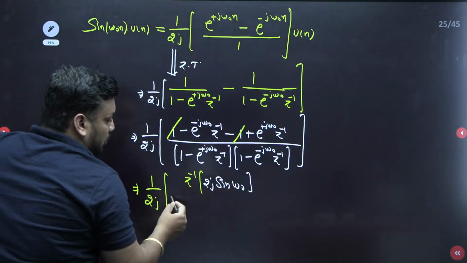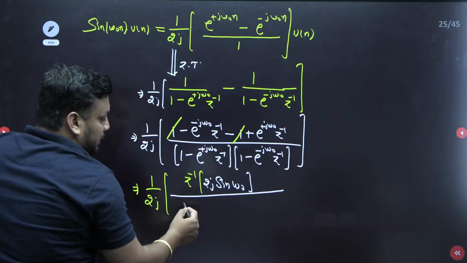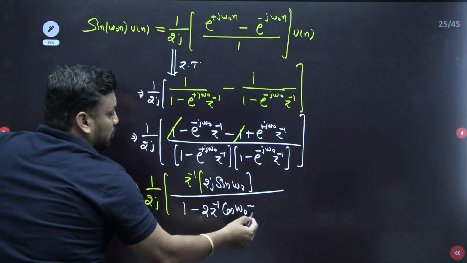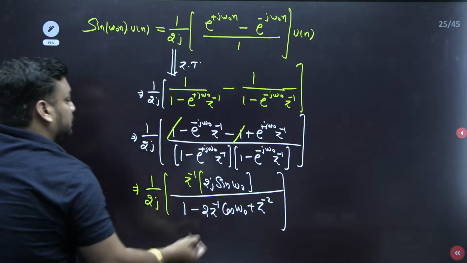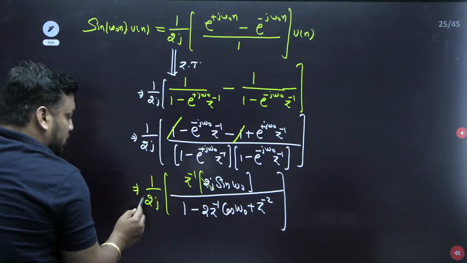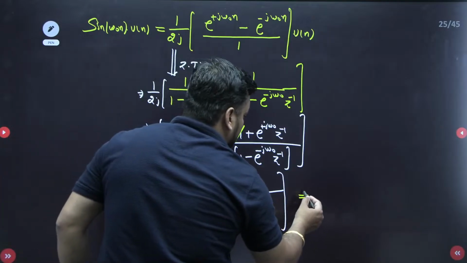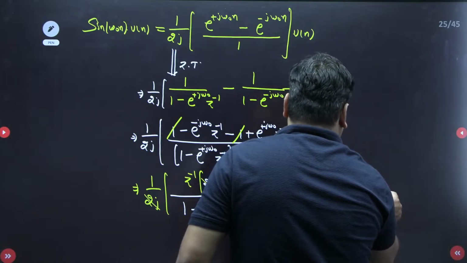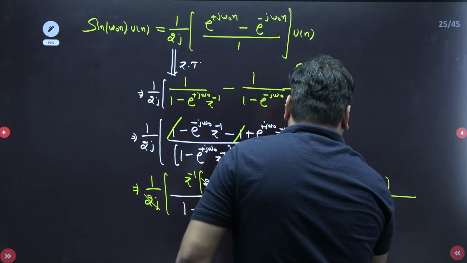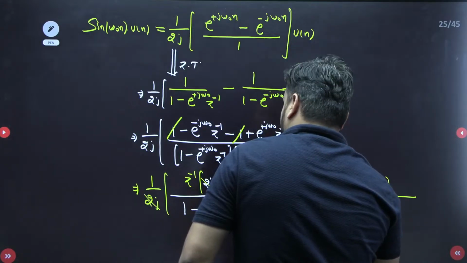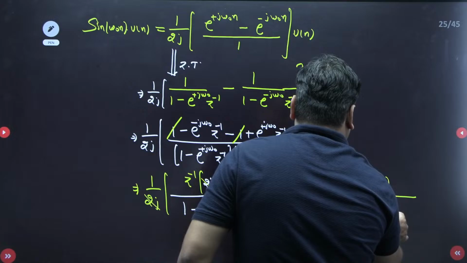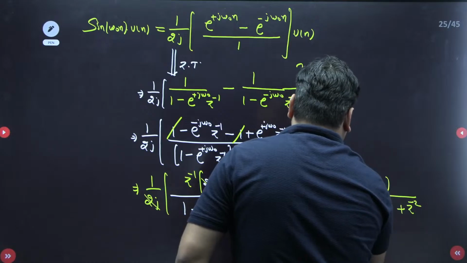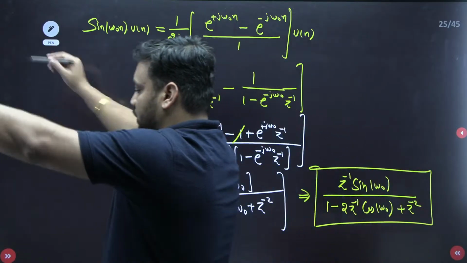The denominator remains the same, 1 minus 2z inverse cos omega 0 plus z to the power minus 2, same as the last question. Here the 2j cancels out. So your final expression will be z inverse sin omega 0 upon 1 minus 2z inverse cos omega 0 plus z to the power minus 2.